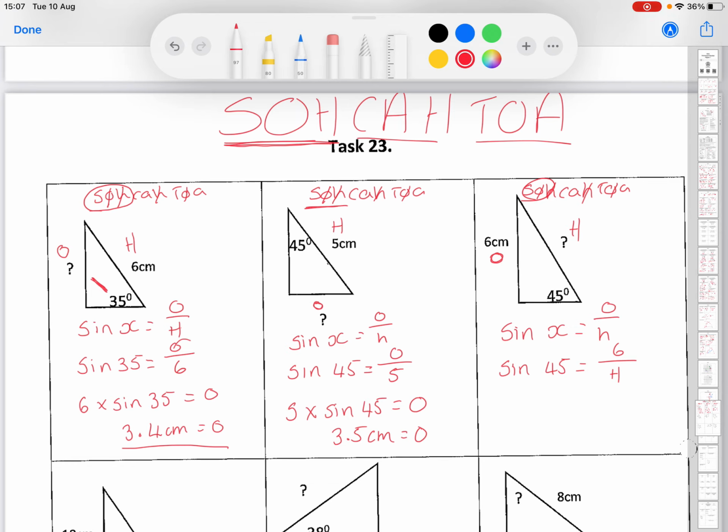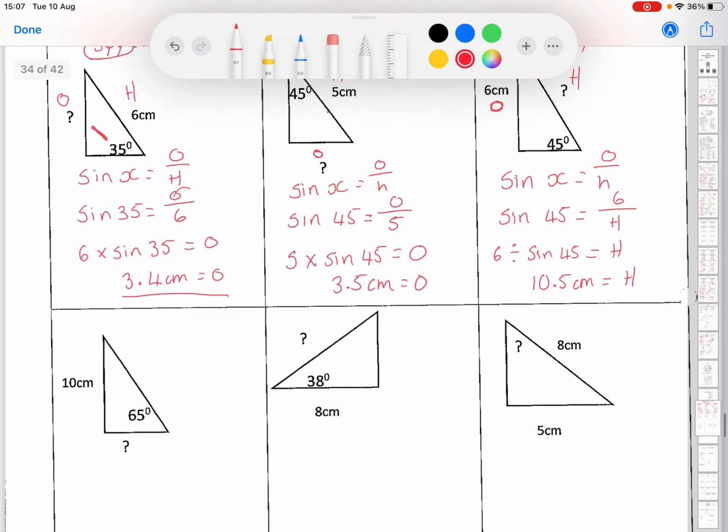We've got O this time is 6, but we don't have H. Now, when we're trying to find the thing on top, we times. To find the thing on the bottom, we're going to divide. So we're going to do 6 divided by sine of 45 to get our H, and we should get 10.5 centimetres for our hypotenuse.